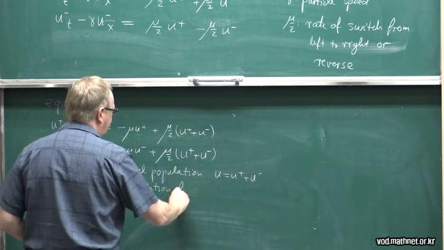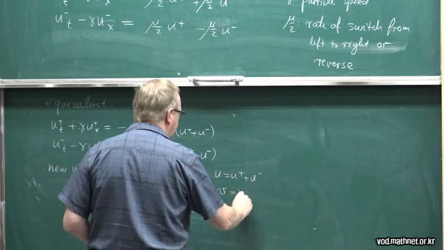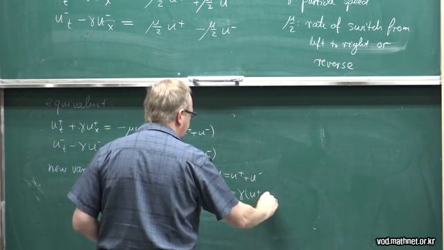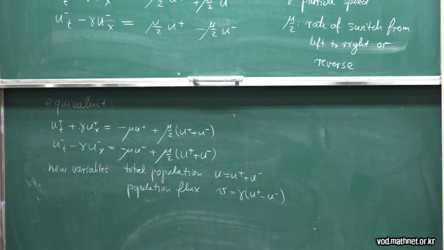Population flux, which I call v, and this is gamma times u plus minus u minus. Okay. Then what I can do with these equations is add them up and subtract them, and then I get a system for u and v. So that's very easily done.